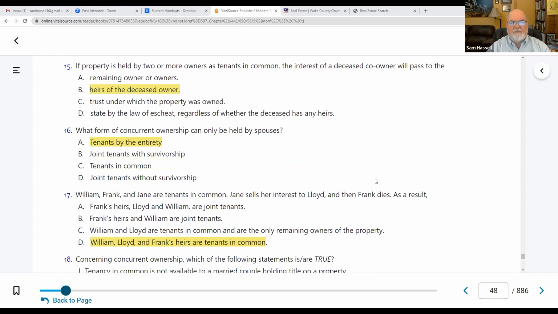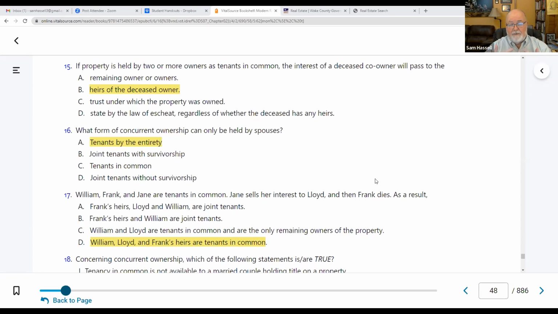Number 15, if property is held by 2 or more owners as tenants in common, the interest of the deceased co-owner will pass to the heirs of the deceased owner. Heirs of the deceased owner. You can transfer property by will if you are an owner in severalty, right? A single person owns it, they can leave it to their heirs. In tenants in common, you can transfer your share.